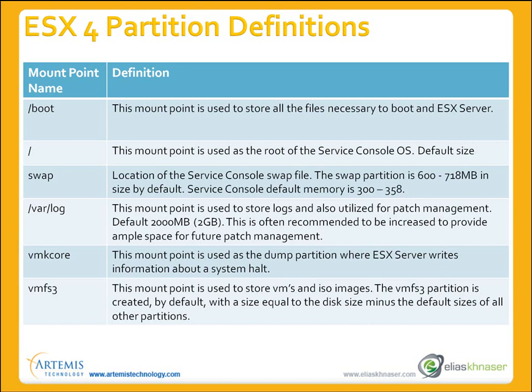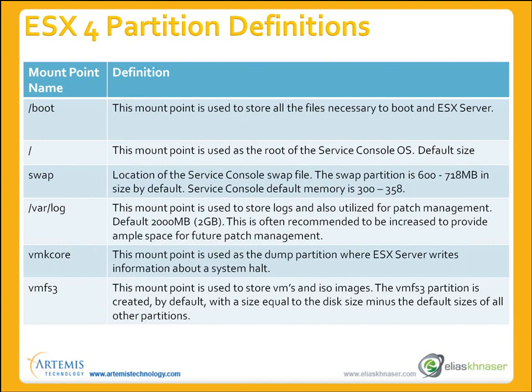Now the swap is where you can allocate enough disk space for however much memory you're going to allocate. Keep in mind, the memory we're talking about is not the physical memory installed in the server's hardware. This is the memory allocated to the Service Console. The Service Console is allocated 300 to 358 meg by default, depending on the amount of physical memory in the ESX host.